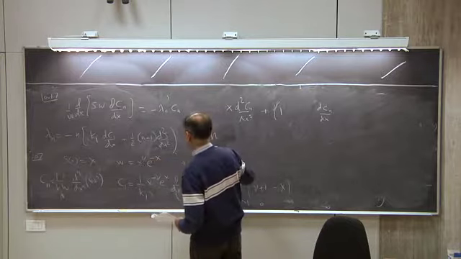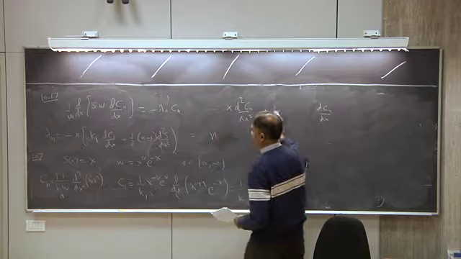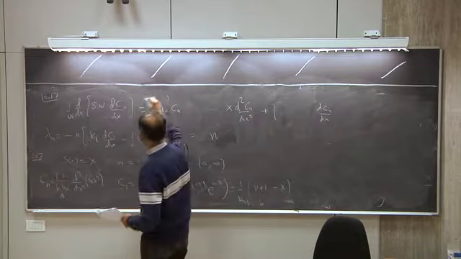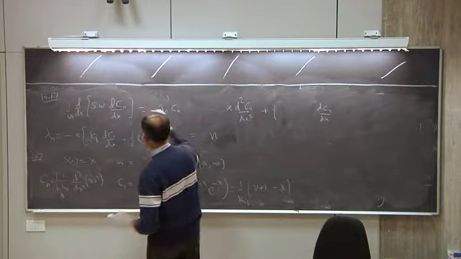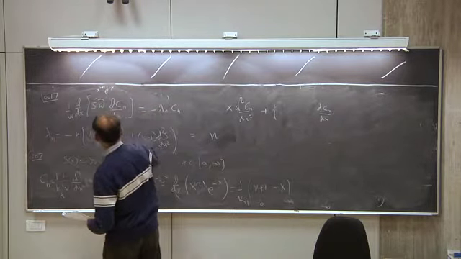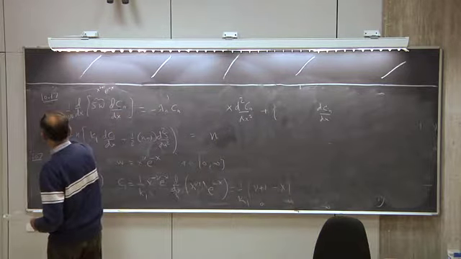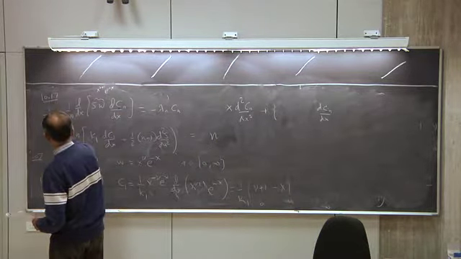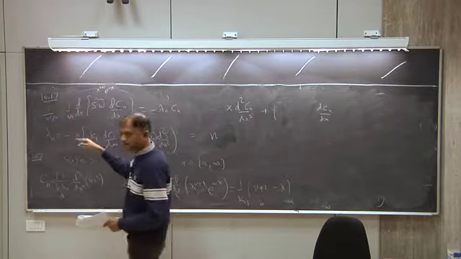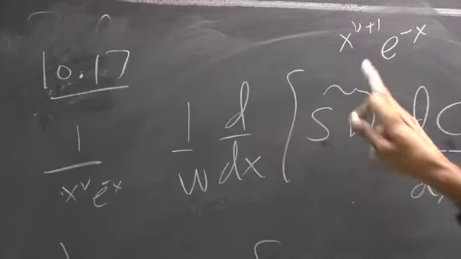Maybe it's better to do this. So what is sw? sw is simply x to the nu plus 1. This quantity is x to the nu plus 1 e to the minus x, right? And that is x to the nu denominator e to the minus x. So when the derivative hits here, you just get the x term.